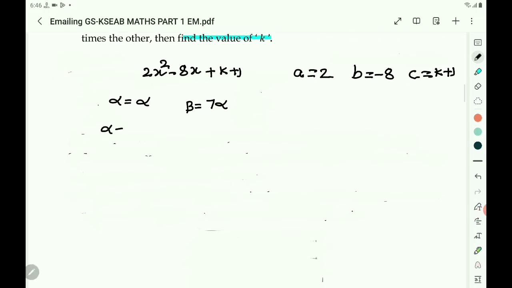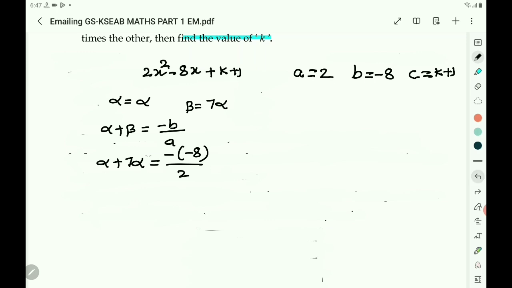Write alpha plus beta equals minus b by a equals minus of minus 8 by 2. Here you write alpha plus beta as 7 alpha, equals minus b is minus 8 by a is 2.